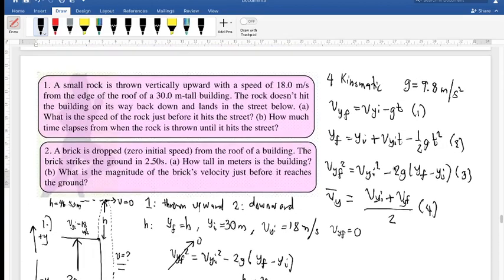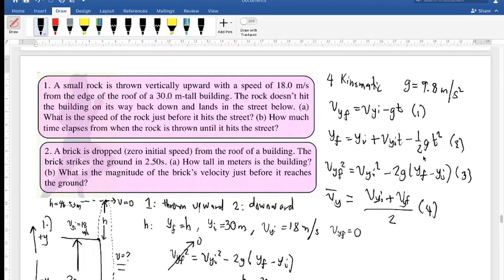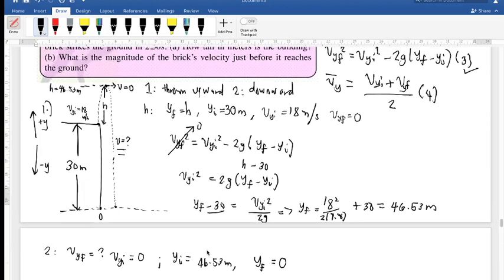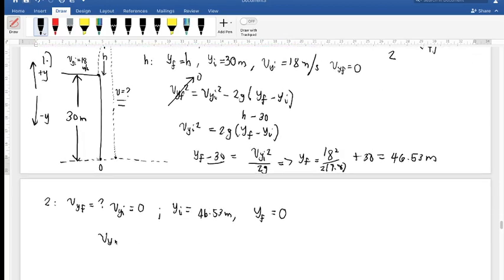So we have to find vyf. So saan yan makukuha? So we can use equation 3, because wala tayong time. Kasi walang time dito. So we have here vyf squared is equal to vyi squared minus 2g times yf minus yi. So si vyi squared is 0 sa event 2 and your yf is again 0 sa event 2.